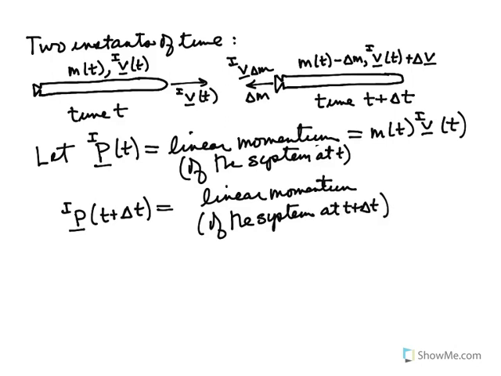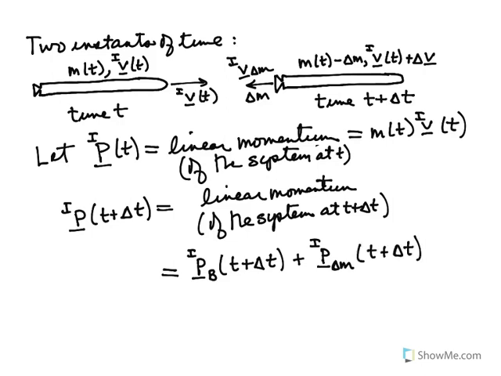Now that's a much more complicated thing, because that is equal to the linear momentum of what I'm going to call the body at t plus delta t plus the linear momentum of the lost mass, which is p delta m at t plus delta t. So this now becomes more complicated because we have to figure out each one of these. So let's look at the linear momentum of the system of the vehicle at time t plus delta t.